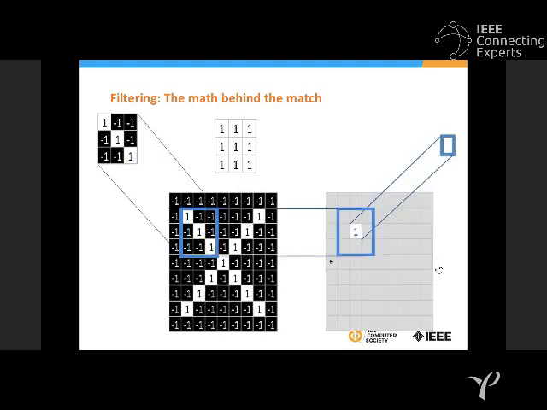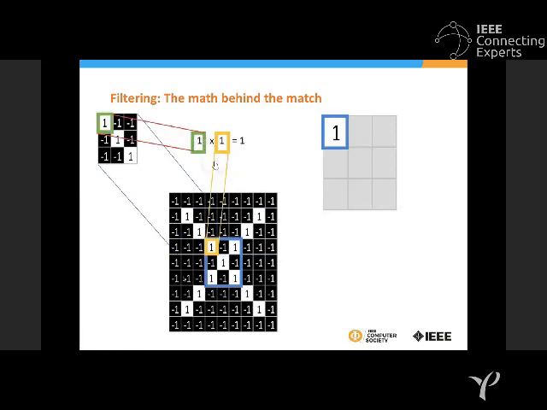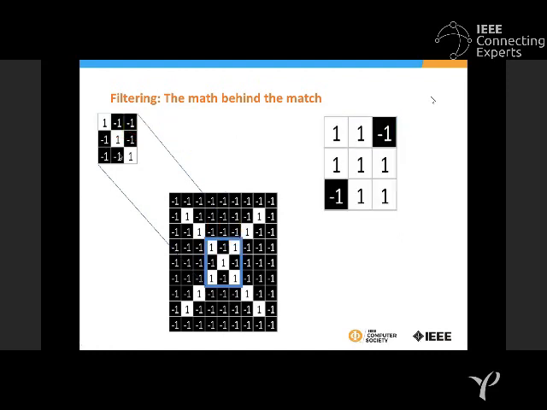If you go on, you will see that you can now move this filter. It will sweep across the image according to the dimension of the image and generate these values of the convolution of the filter. Similarly, if you take another filter, you will see the same.